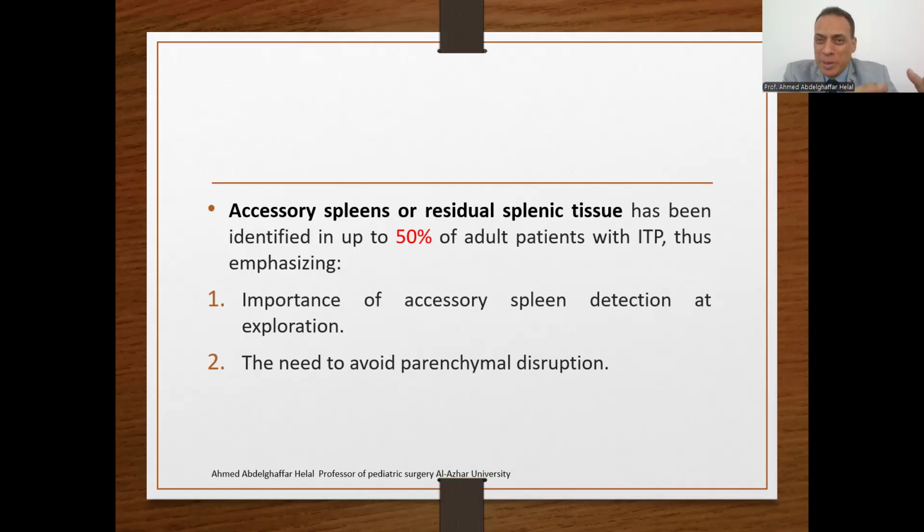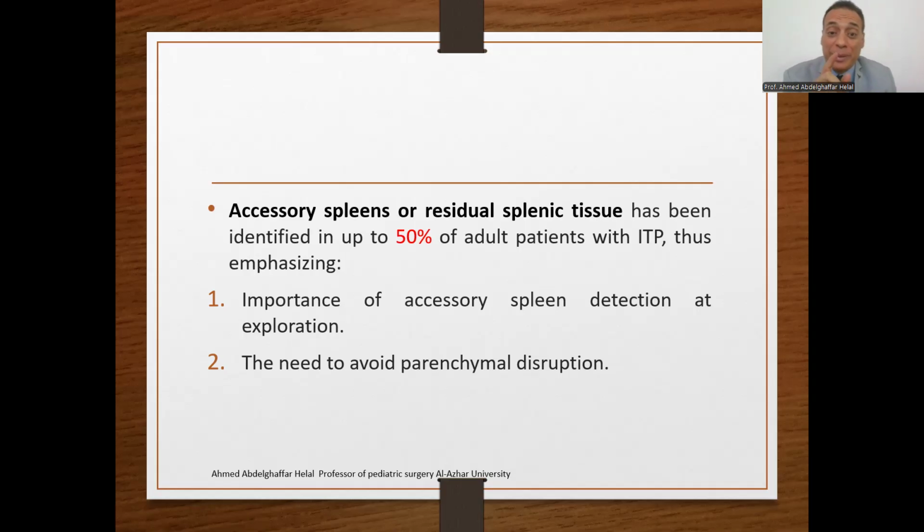So when you remove the spleen in the condition of ITP, you should search for the presence of accessory spleens. Because if you miss an accessory spleen, the pathology of the primary disease will return, and this accessory spleen will destroy the platelets and enlarge in size and act like the primary spleen. So it's very important to detect accessory spleen at exploration.